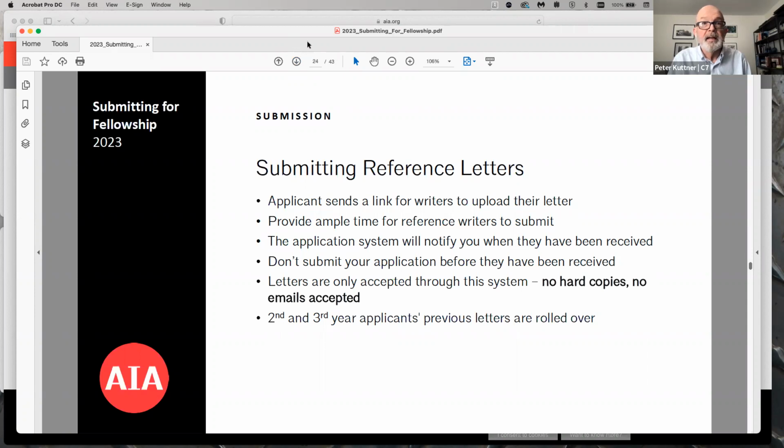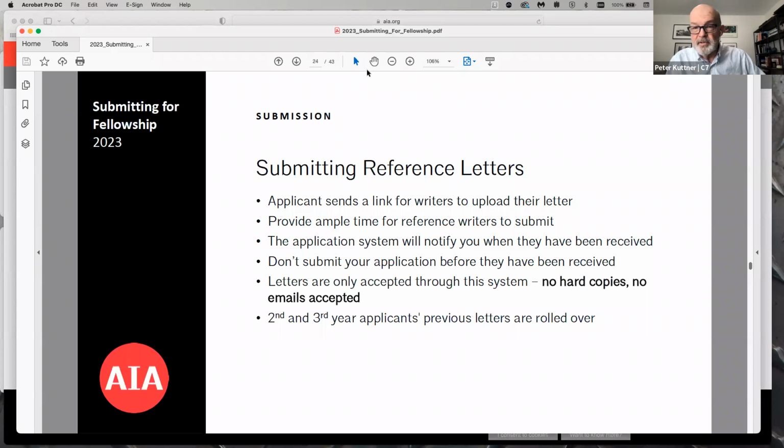And everything's online now. If you're a 2nd and 3rd year applicant, your old letters are automatically still there, so you don't have to get them done, but you are allowed to add 2 more letters, presuming that something has happened in the year or two since: a great new project or more speaking opportunities or things like that.